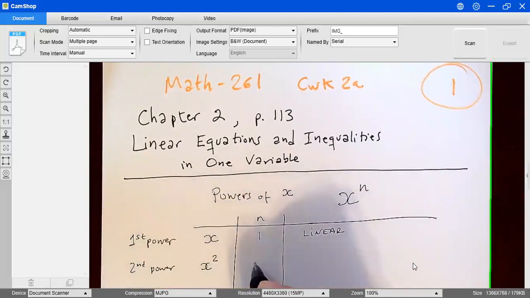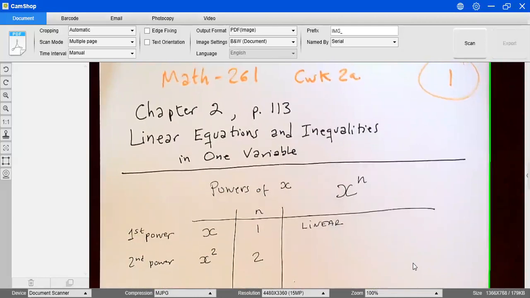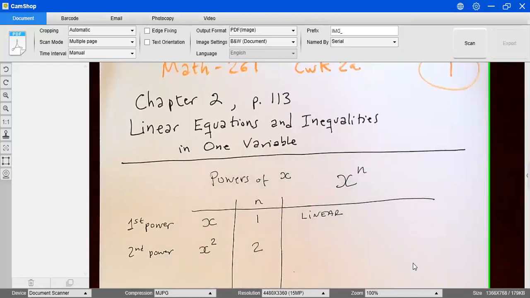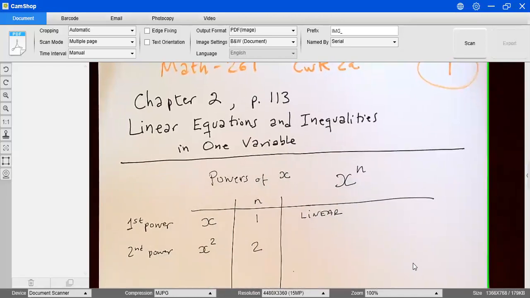The exponent here is 2, and we can say that this x is squared. Anytime that we have this kind of power, we're going to say that this is a quadratic term or quadratic equation or quadratic inequality.